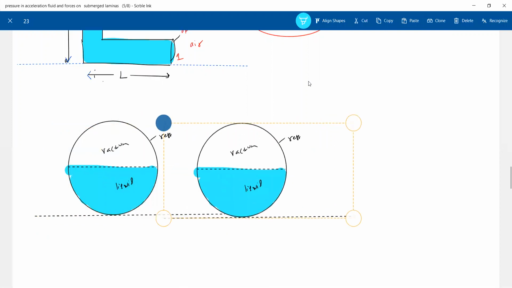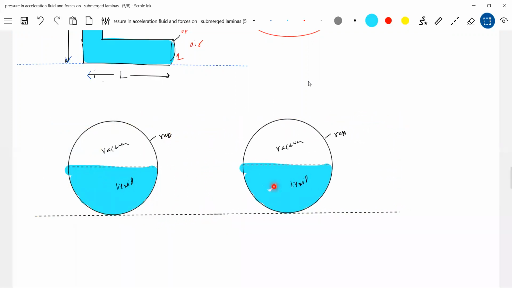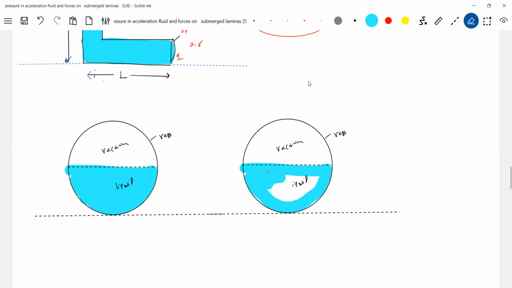Slowly you have to migrate to different ideas. Different ideas means liquid filled up in differently shaped containers, partially or fully. What conditions can arise?